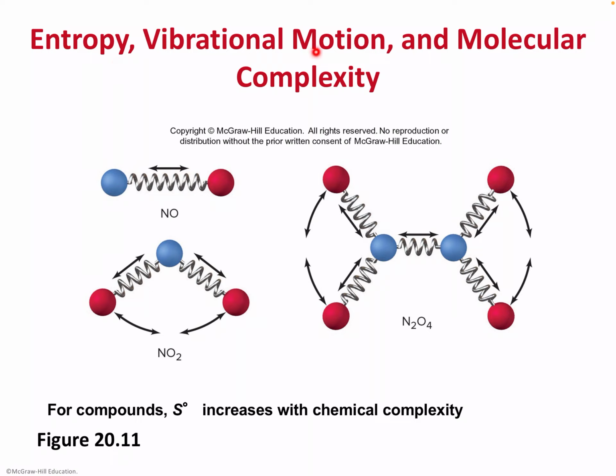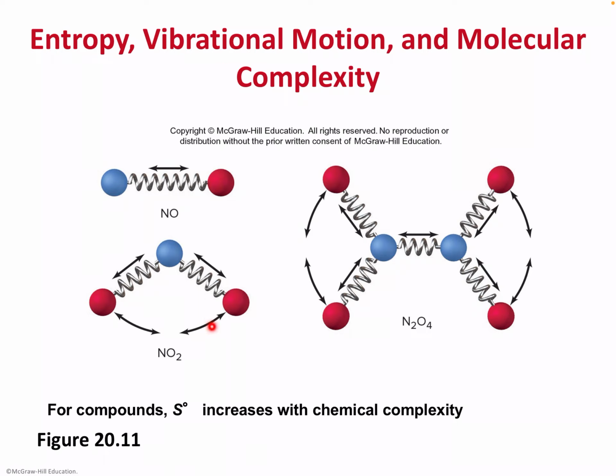Entropy, vibrational motion and molecular complexity. This is nitrogen monoxide, one nitrogen, one oxygen. You can have another molecule with more oxygens, NO2. Now it has two oxygens. Now this is N2O4. There are two nitrogens, four oxygens. Now this has only one motion, symmetrical vibration.